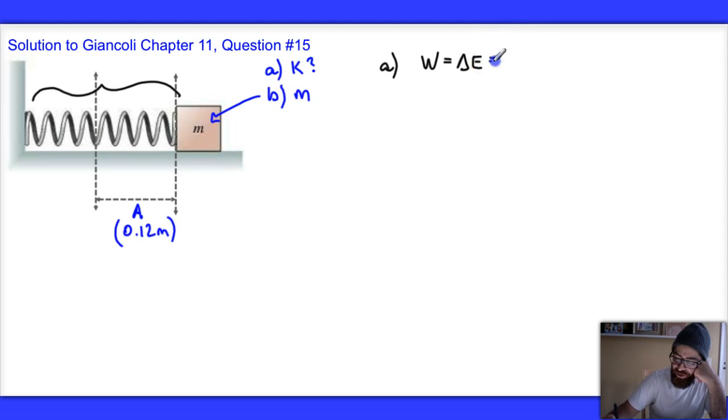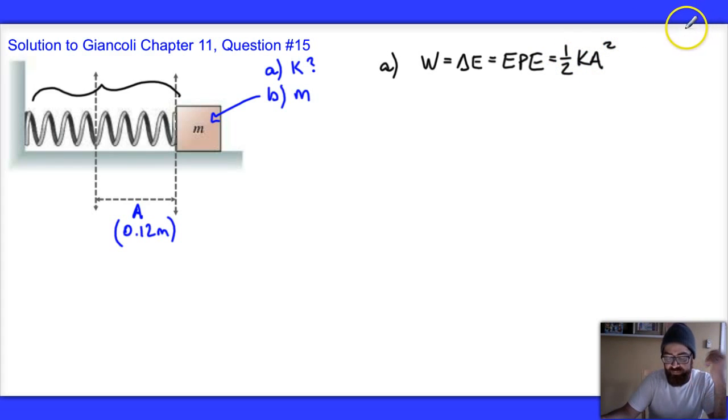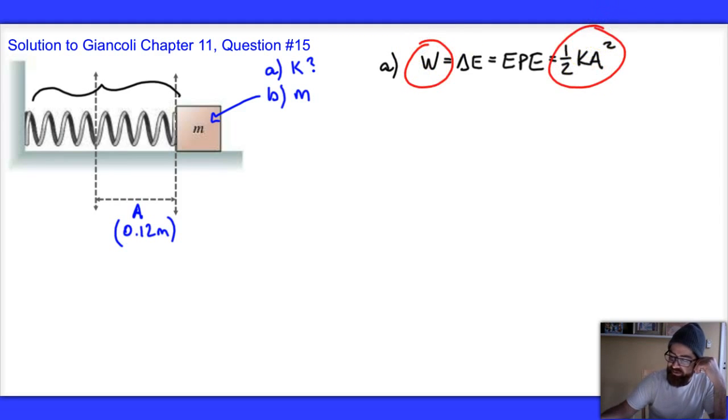So therefore, the 3 joules of work that are done are equal to the energy possessed by the spring, which is equal to the elastic potential energy held by the spring, which is going to be equal to 1/2 K times A squared, where A is that amplitude, or that displacement in the horizontal direction, 0.12. Solving for K, I'm going to multiply both sides by 2, and really I'm just using the work and 1/2 K A squared.